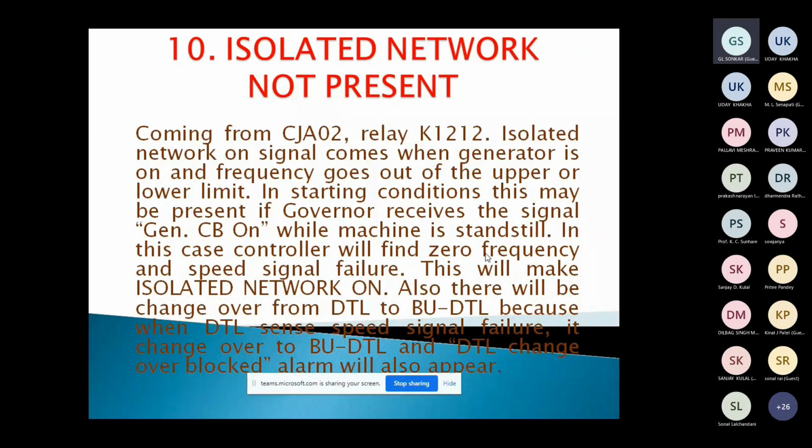Though the circuit breaker is open, the signal you are getting in the powerhouse, control panel or operator SCADA is that it is connected. Circuit breaker connected means grid frequency is 50. Your machine is standstill, so it is 0. That's why it is coming. So you have to work on the sensors fitted on the circuit breaker. Why is this signal coming? It is closed. You make it open.